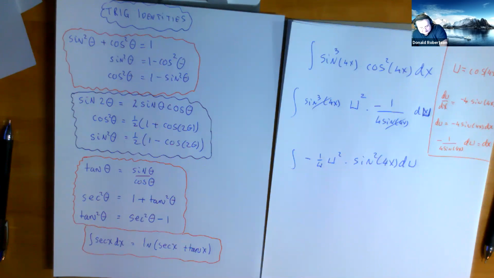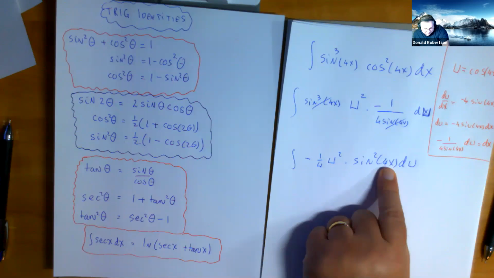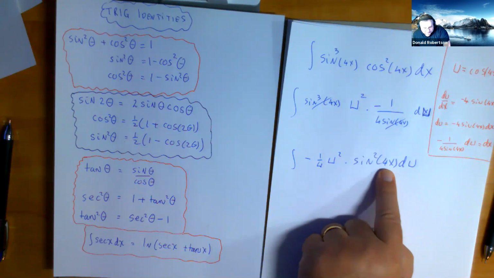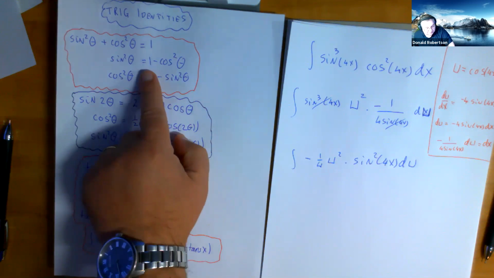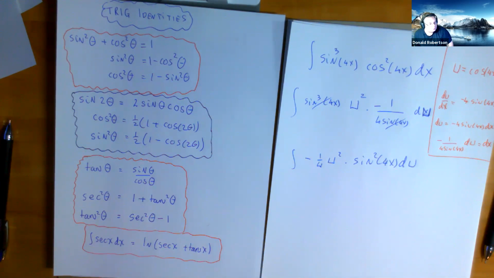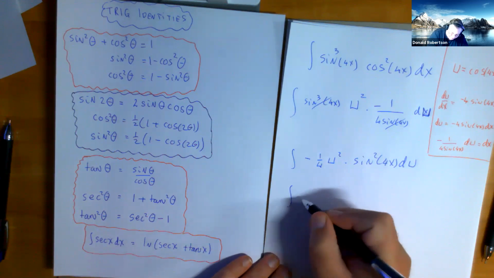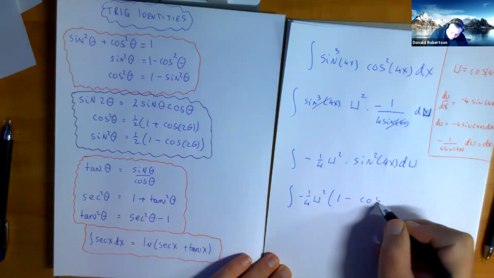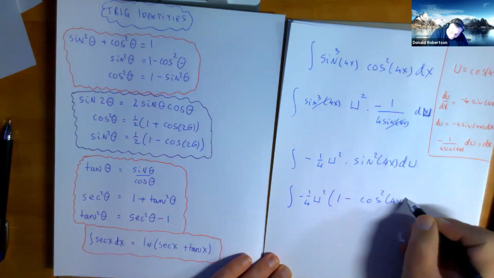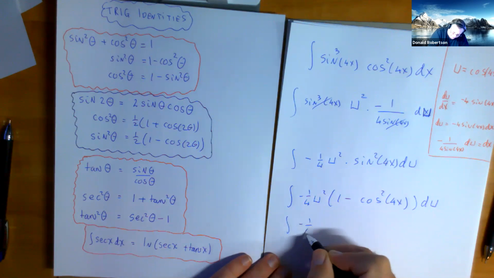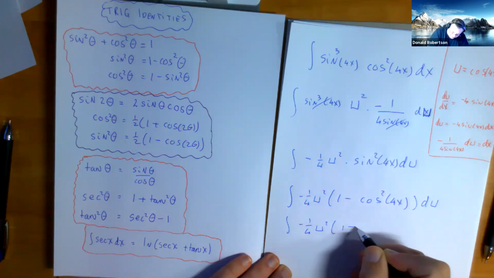Okay. Don't let that 4x throw you. Think of it as theta. Can't sine squared 4x be written as 1 take away cos squared 4x? So what we have here, and I'll put this line in, which means that it's basically just that.